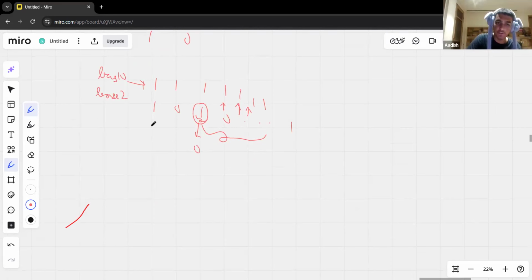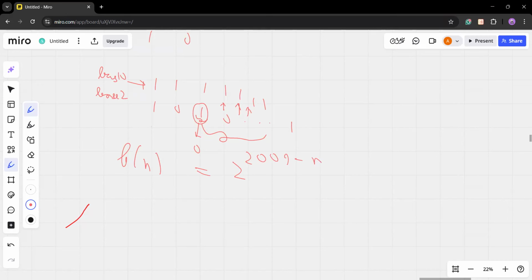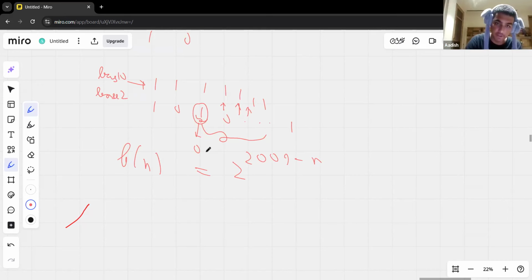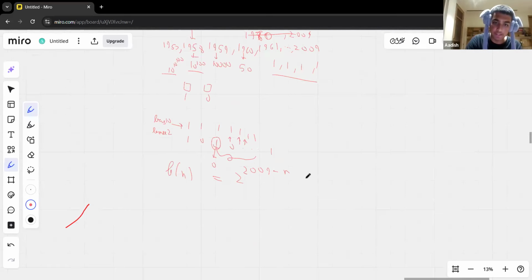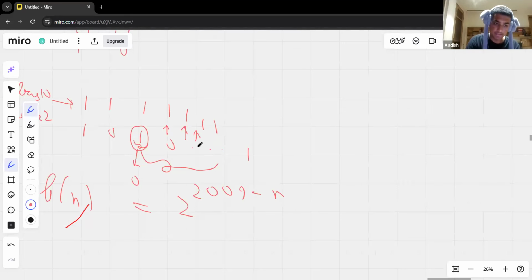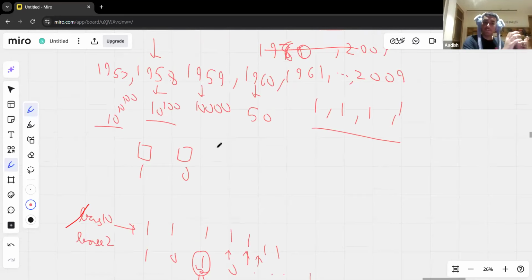If you look carefully, this solution is just the previous solution, but with an explicit formula for f of n. It's just 2 to the 2009 minus 7. It is the same solution. The point is you don't need to come up with an explicit function, but the idea is the same: you want the left to matter more than the right.